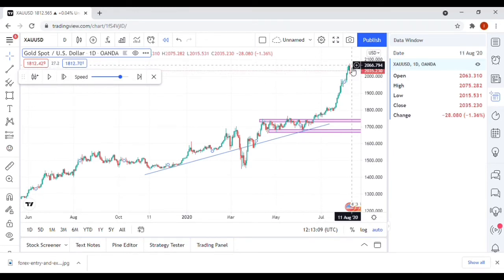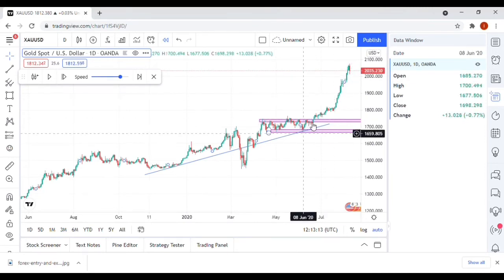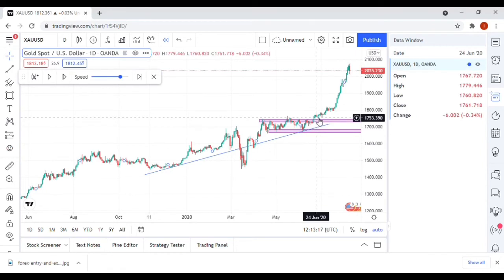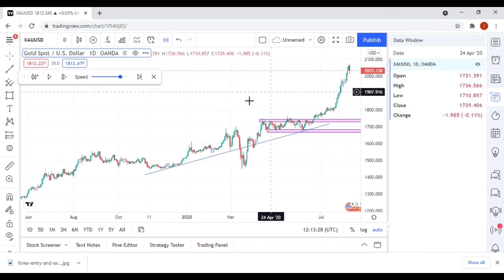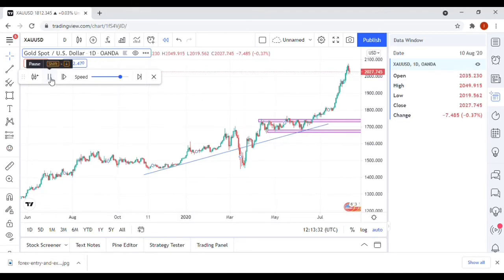If that had happened here, it would have been a small red candle engulfed by a bigger green candle, and we would expect price to move in the direction of that green candle. So here, price is most likely to move down. I'll play. As you can see, price did move down, and again it formed another candlestick here.